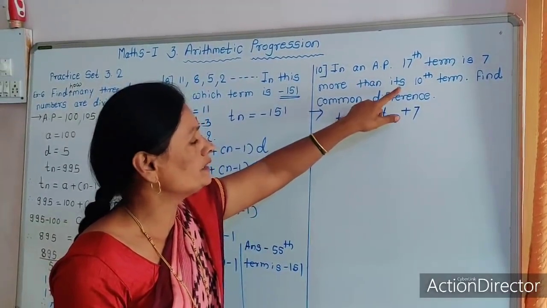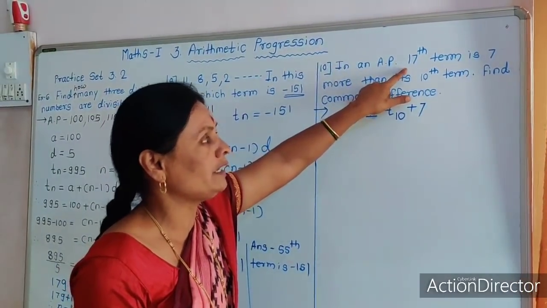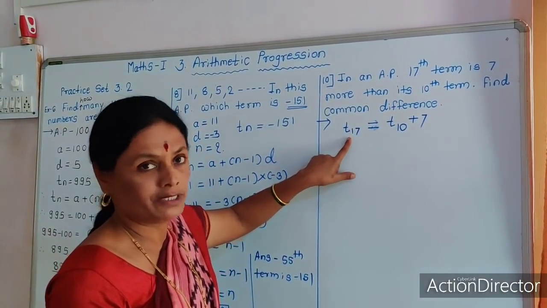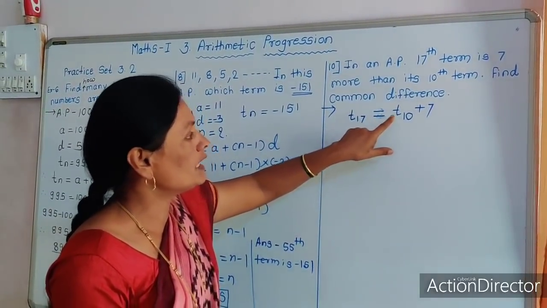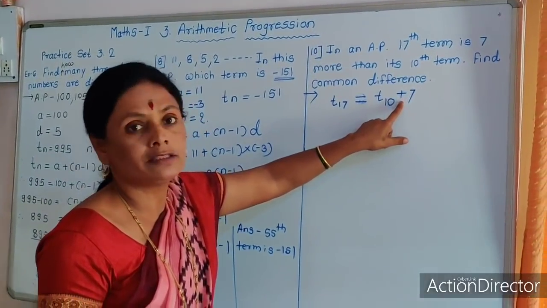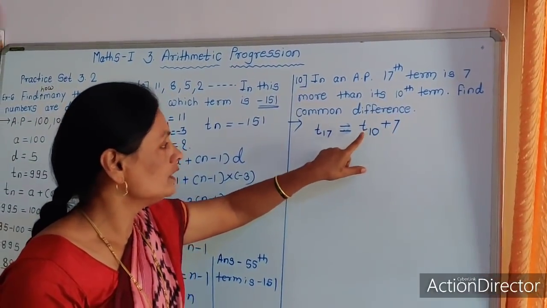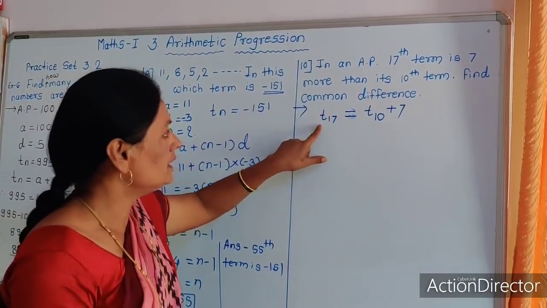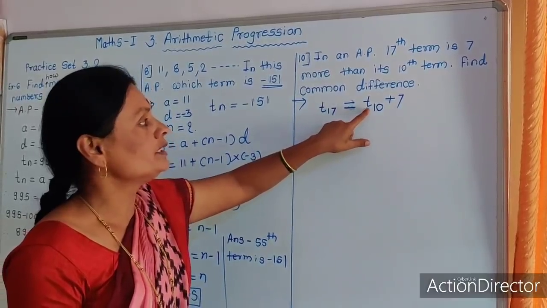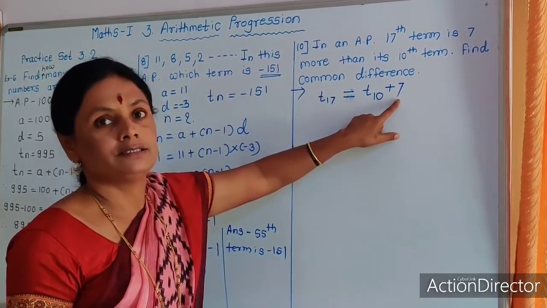The 17th term is 7 more than the 10th term, that is, T17 is equal to T10 plus 7. Therefore we write here T17 is equal to T10 plus 7.